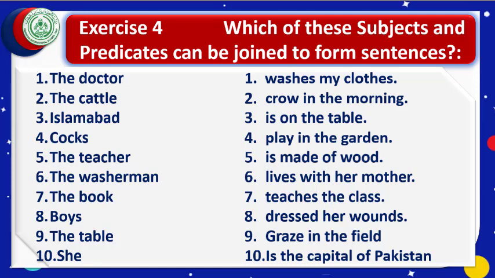We shall make sentences by joining subjects and predicates. Subjects are given on your left side. Predicates are given on your right side. You will pick a subject from your left side and join it with a suitable predicate given at the right side.